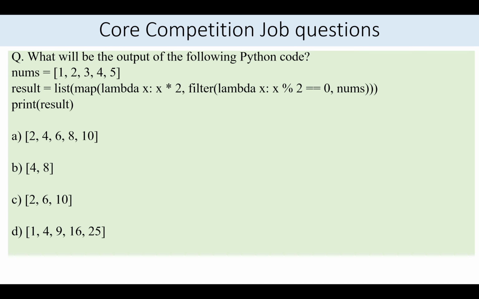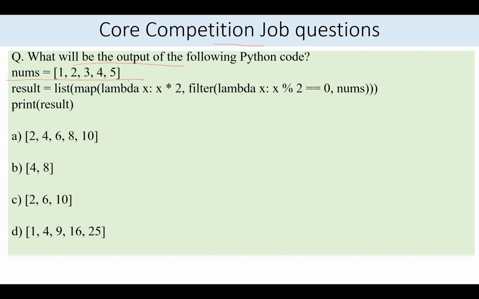Okay, so now I will discuss core competitions. In the core competitions job, there are many questions. Now I am going to discuss one question. Here the question is: what is the output of the following Python code?